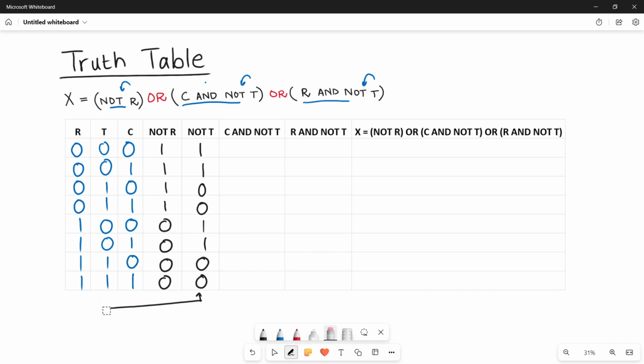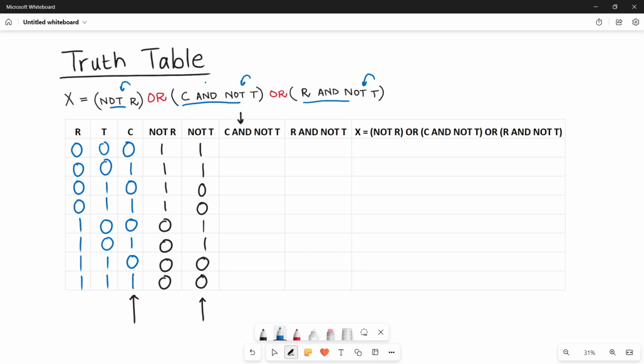Now quickly moving towards our third column, that is C and not T. C and not T means that you will consider the column of C and the column of not T, and you will be producing AND operation between them.